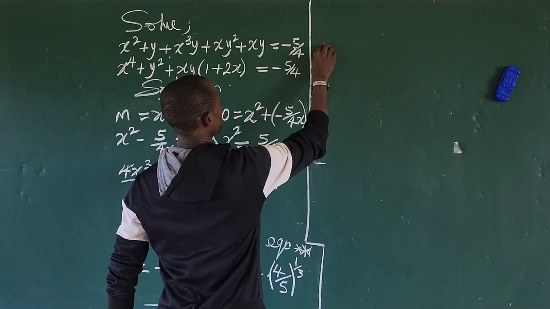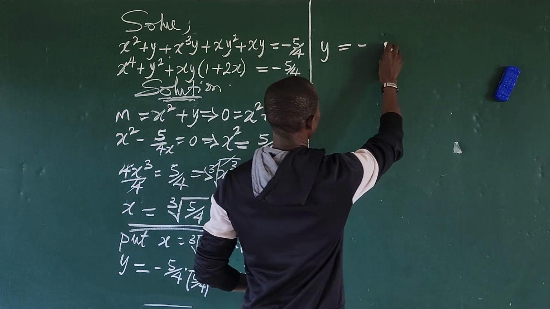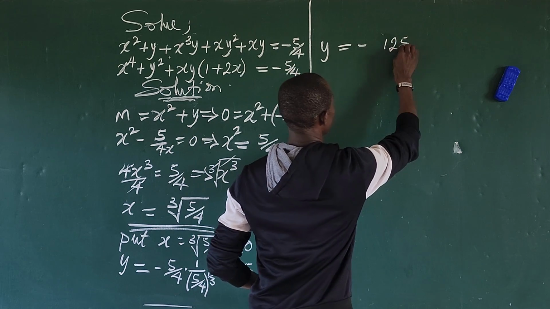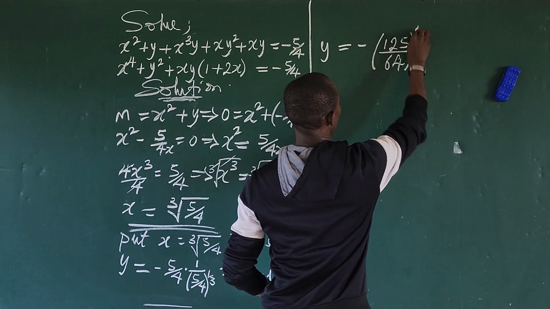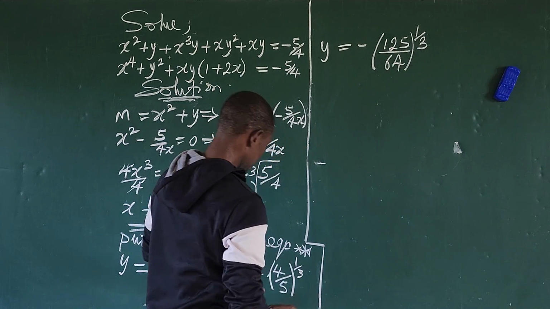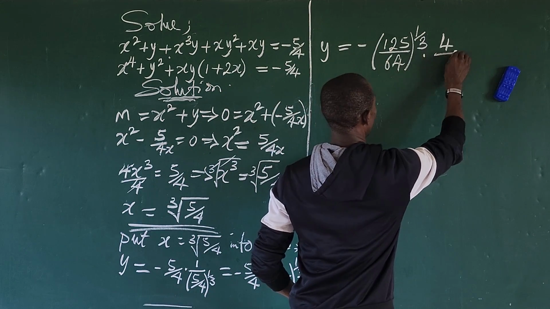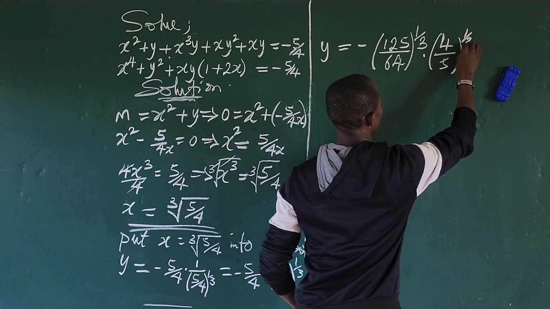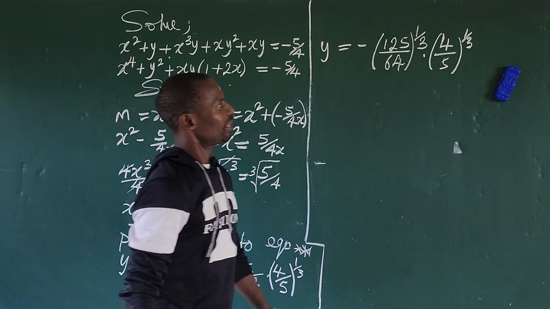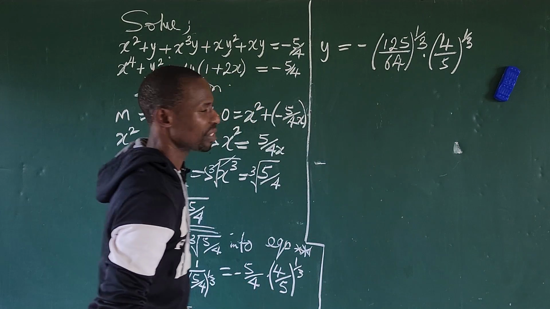And so y will now be equal to minus 125 all over 64, all to the power of 1 all over 3, times 4 all over 5, all to the power of 1 all over 3, because the cube root of this will give us 5 and the cube root of this will give us 4.